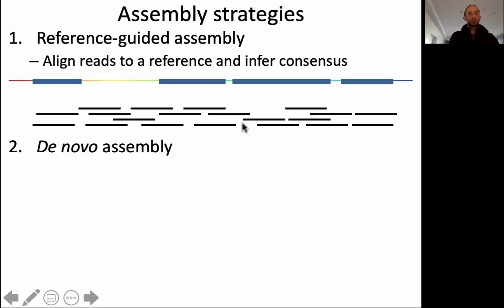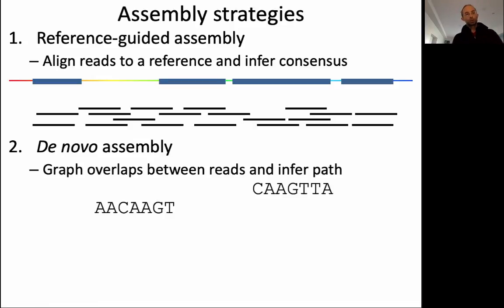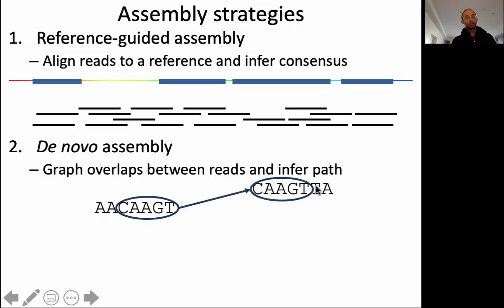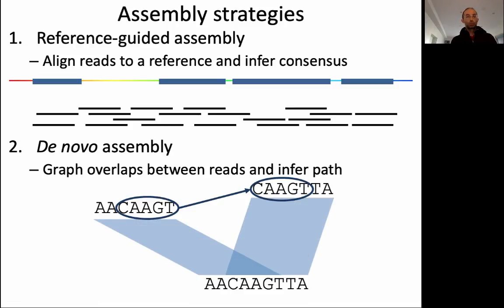Okay, the second approach is de novo assembly, and in de novo assembly we don't use a reference genome, but we use only the data itself and look for overlaps between the DNA sequencing reads, which after identifying are then combined into longer sequences like this.